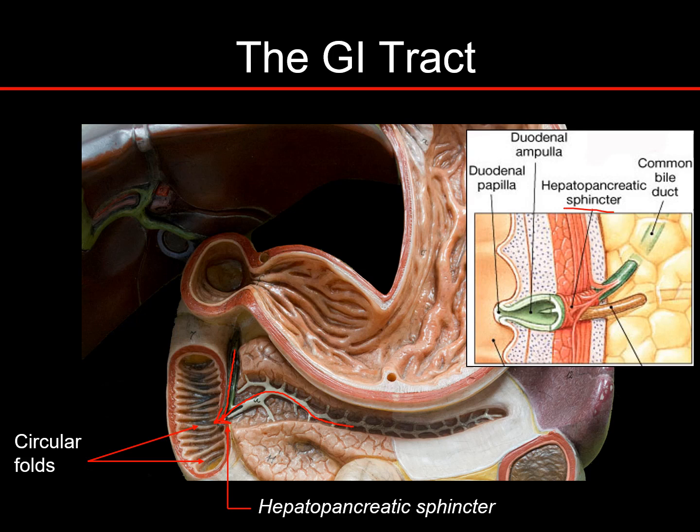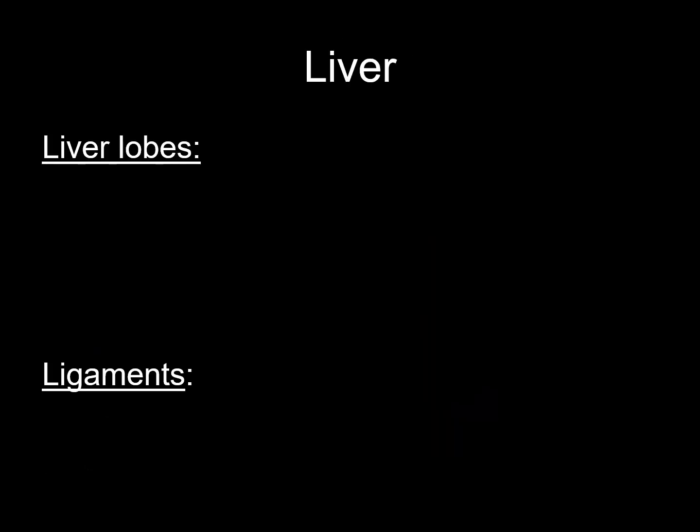The sphincter just regulates when it's going to excrete the fluids into the duodenum, and the ampulla is just the little opening. This is also a good picture of those circular folds within the small intestine. It just increases the surface area.